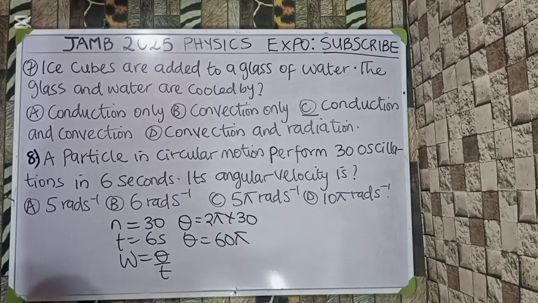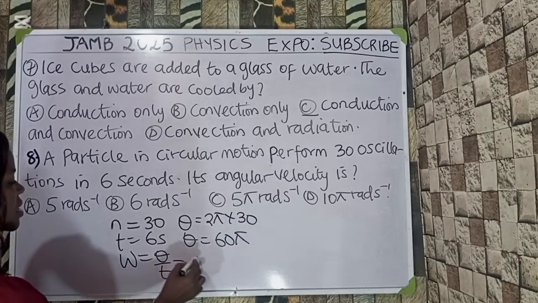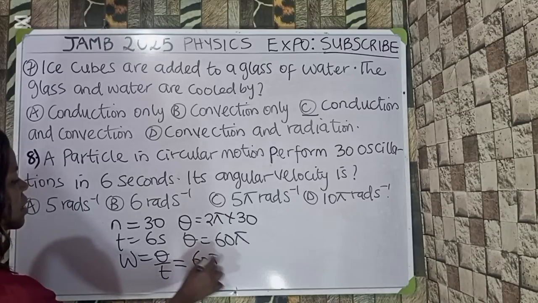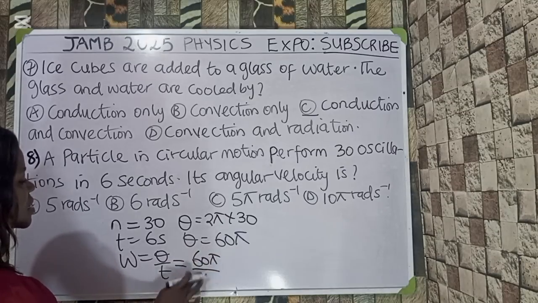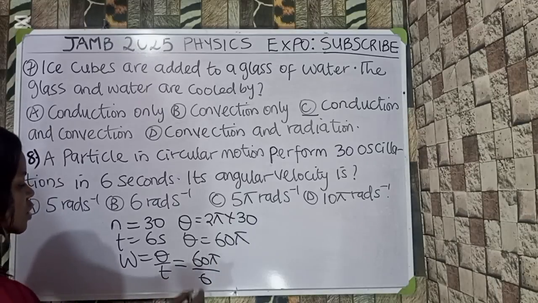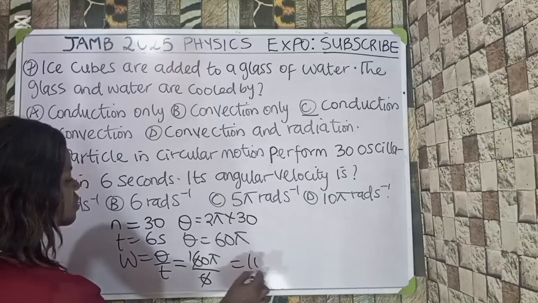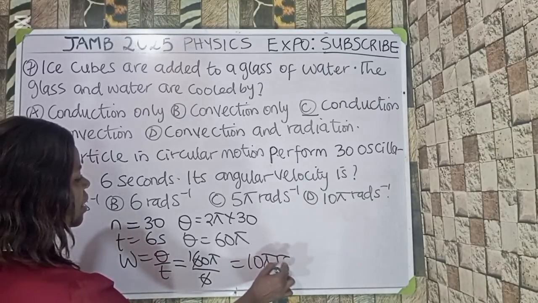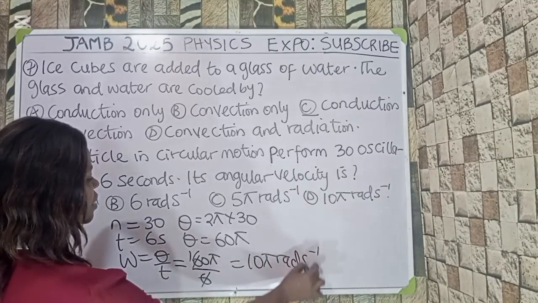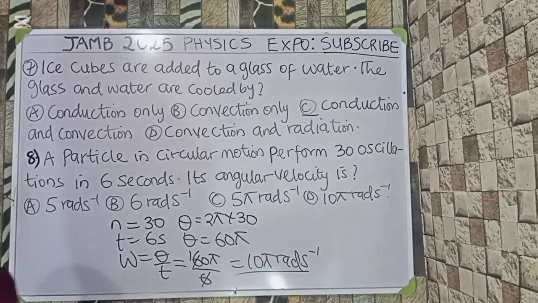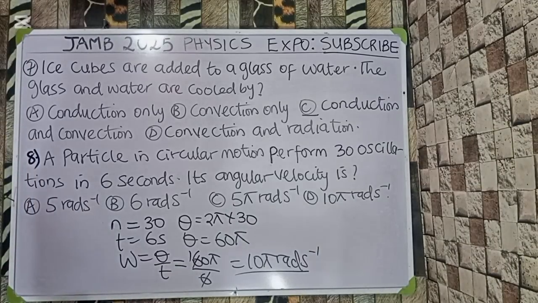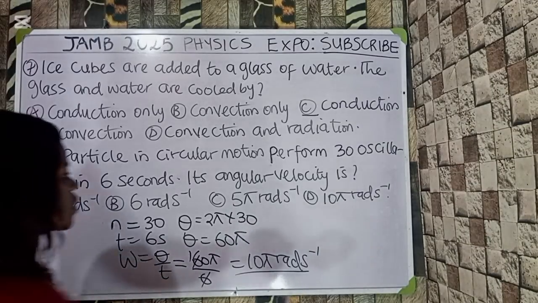Now, the time given is 6 seconds. You're just going to substitute by saying this is 60 pi divided by 6. Simply, this will cancel this to give us 1. So my angular speed becomes 10 pi radians per second. Do we understand? It's as simple as that. So the correct option to this question is option D.